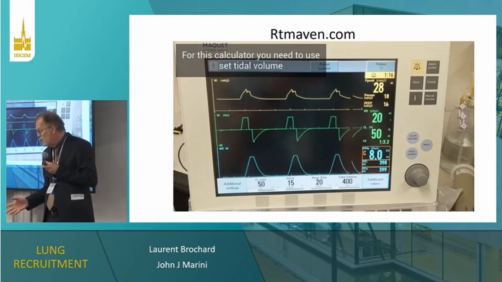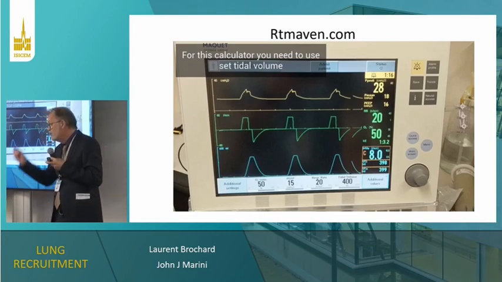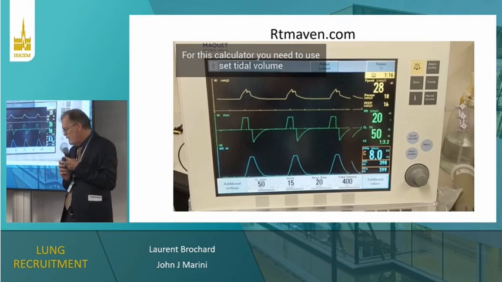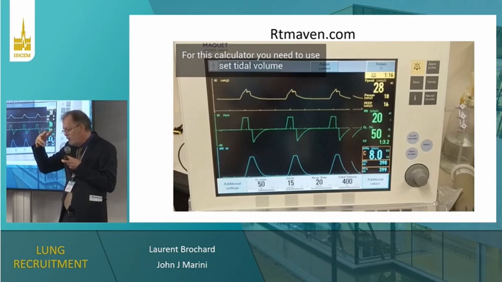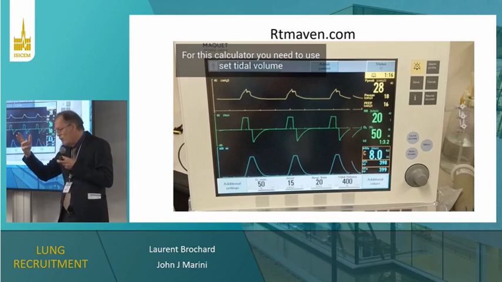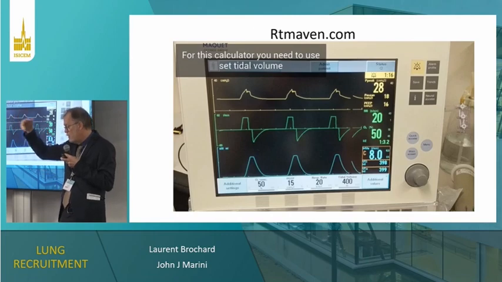If it's 0, it's not recruitable, because it means you have no recruitable lung. It goes from 0 to 2.5, sometimes 3. And we consider that anything above 0.5, the lung is recruitable, more or less. The higher it is, the higher the recruitability of the lung.